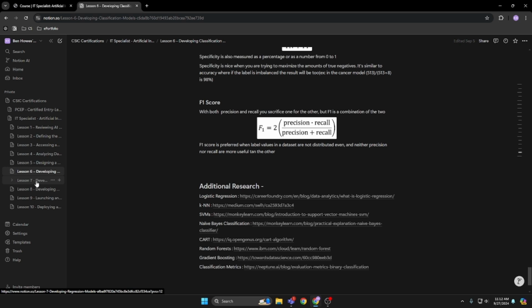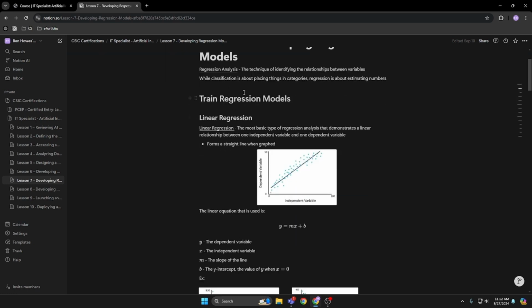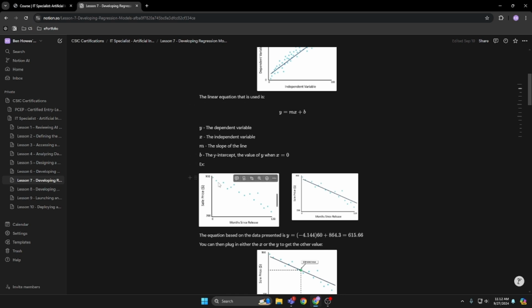And then lesson 7 is another type of model, which is developing a regression model. So it's pretty much graphing, and given the x, you will get y. It's really useful for prediction. You'll plot all of your data on a graph, and then you'll find the line of best fit.